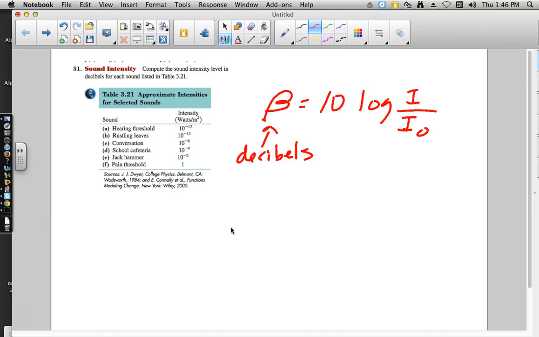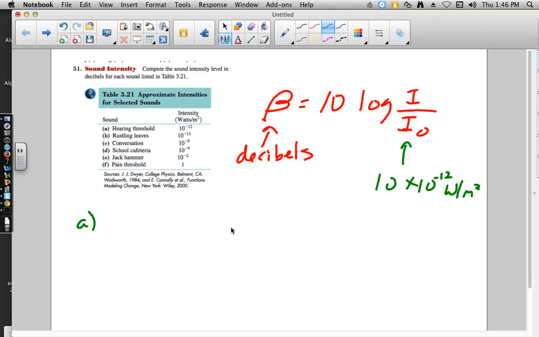And we were supposed to use an initial intensity of 10 times 10 to the negative 12th, in watts per square meter, because what we were doing was comparing this with the quietest whisper that most people can hear.